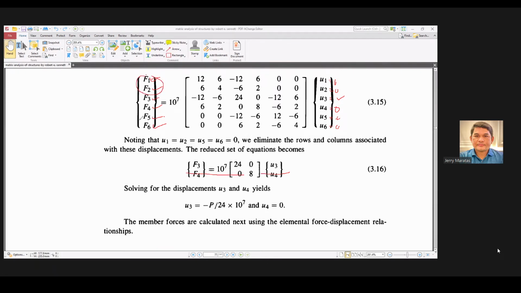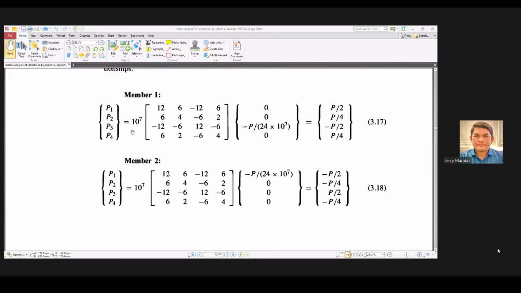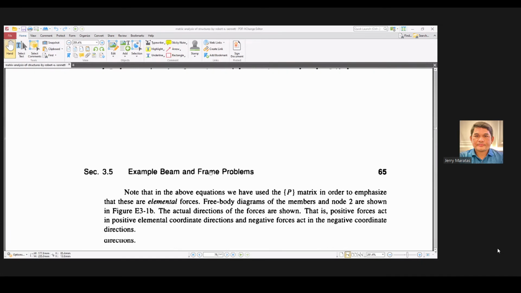After that, you go back to the force-displacement relationship of the element to solve for the member forces. So it's pretty simple. Now we can solve for the member forces.